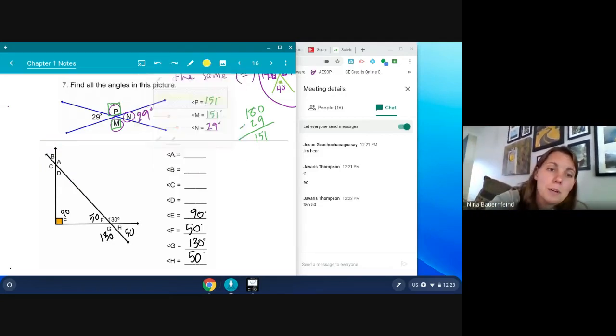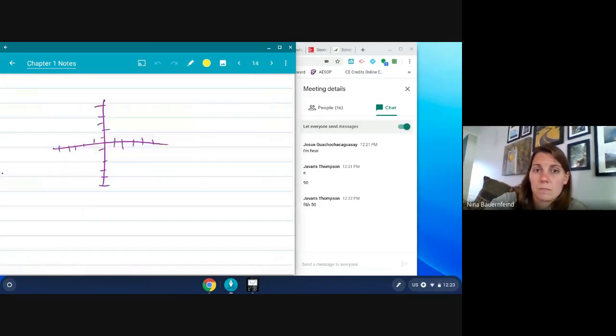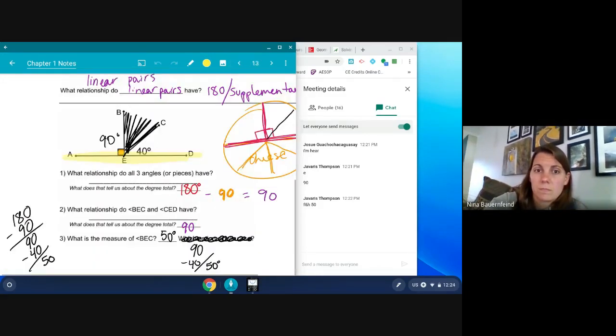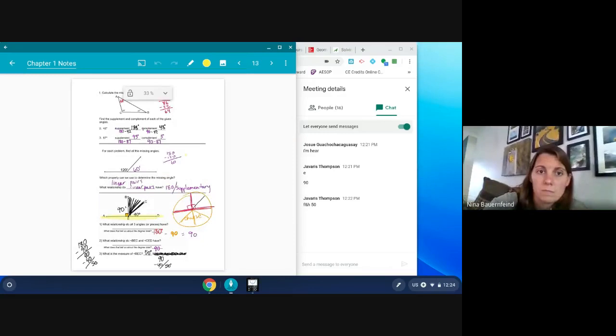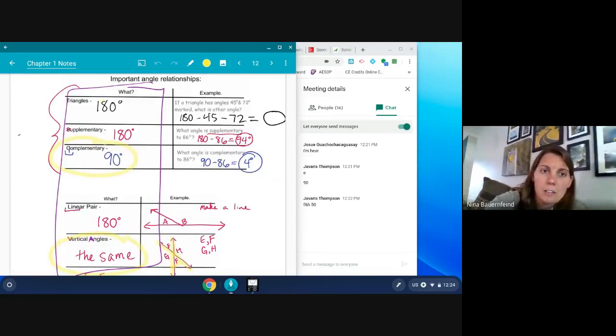Do you remember what we know about a triangle? Triangles are 180 degrees.